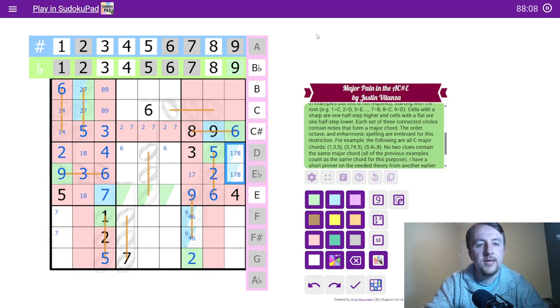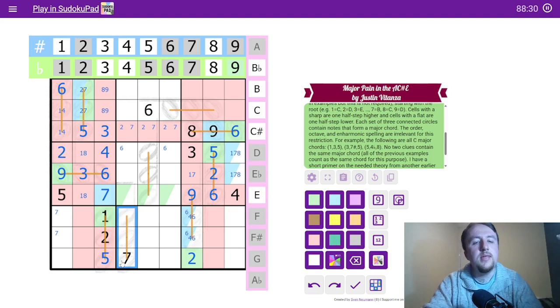But yes, we have a natural 7 over there. That's fine. We can cope with that. So I think we've now dealt with all of the chords that need 6s on them, I think. What I'm trying to say is that I don't think this has a 6 on it.